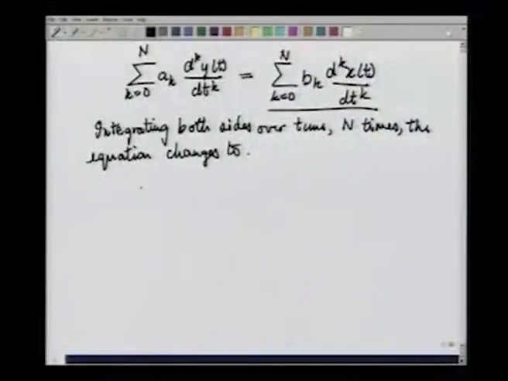We need a notation for this, because writing it with the integral notation becomes extremely clumsy. So, we will just write this in the following manner. Let us say that the 0th integration of y t with itself is written as y t itself equal to y 0 of t.